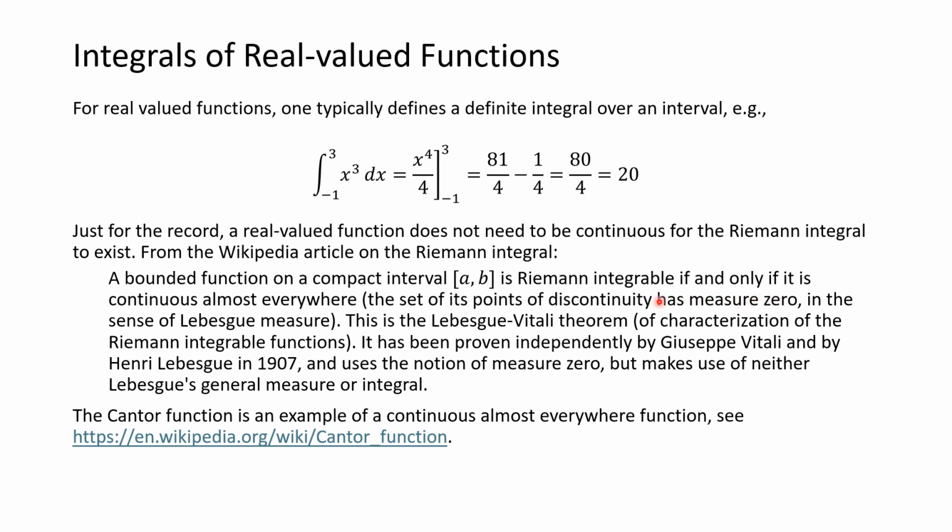So it's kind of an interesting property that's not commonly taught in calculus courses. And if you're looking for an example of that, there's something called the Cantor function, which is a step function that's broken up into many different places, but it still has an integral. And I put the Wikipedia link here in case you're interested in that. As I say, this is a bit of a diversion, but I thought it might be of some general interest since we're on the topic of integrals here.